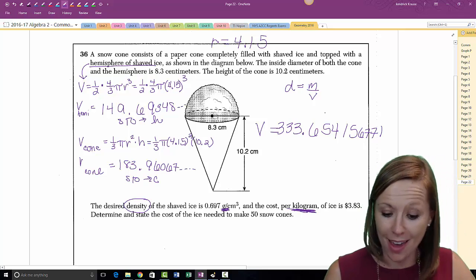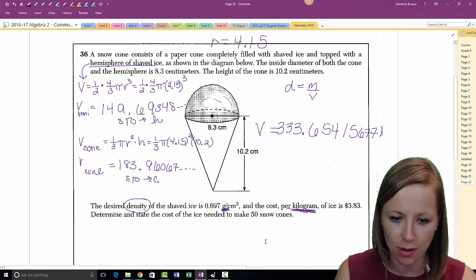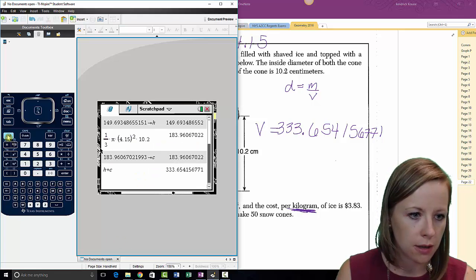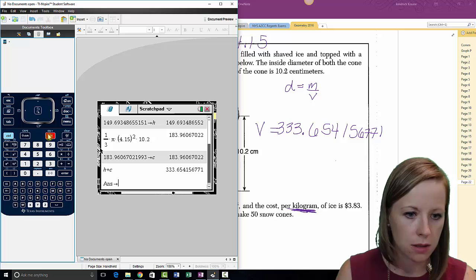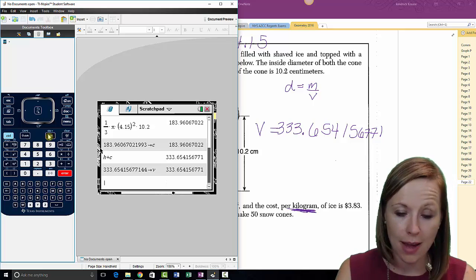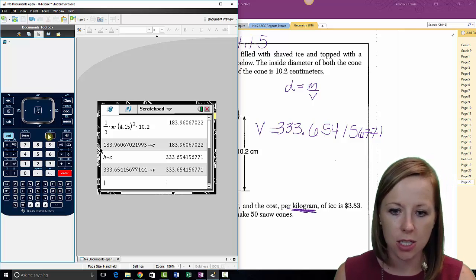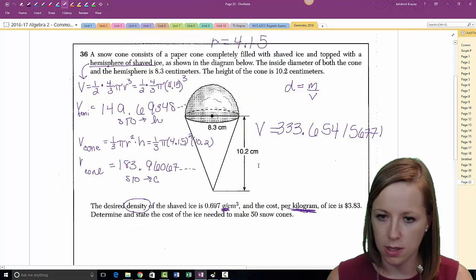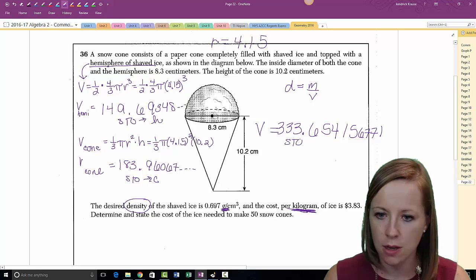Okay, I'm going to store that, ready for this? I'm going to store that as V for volume. Control store for V. Now I have that in there as volume, so anytime I need to use it, it's going to be in there for me, which is awesome.